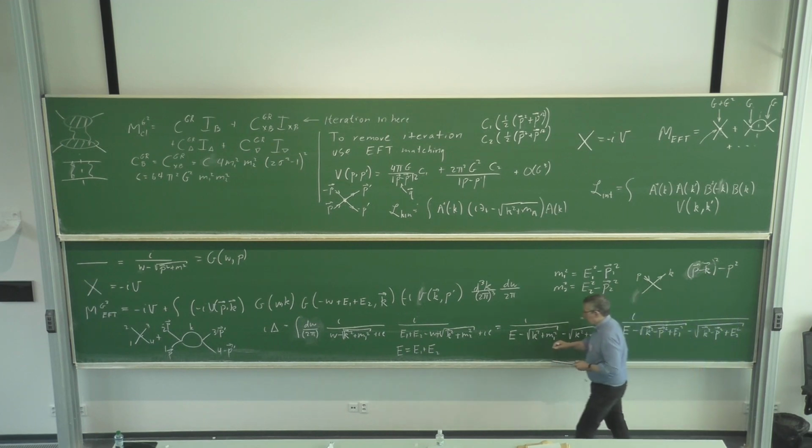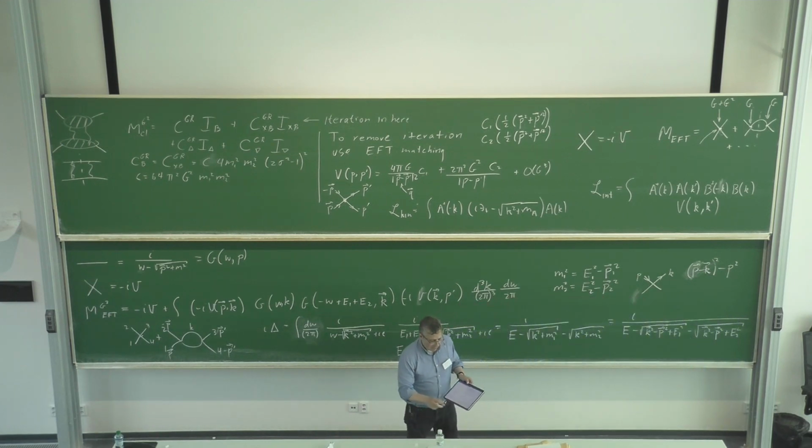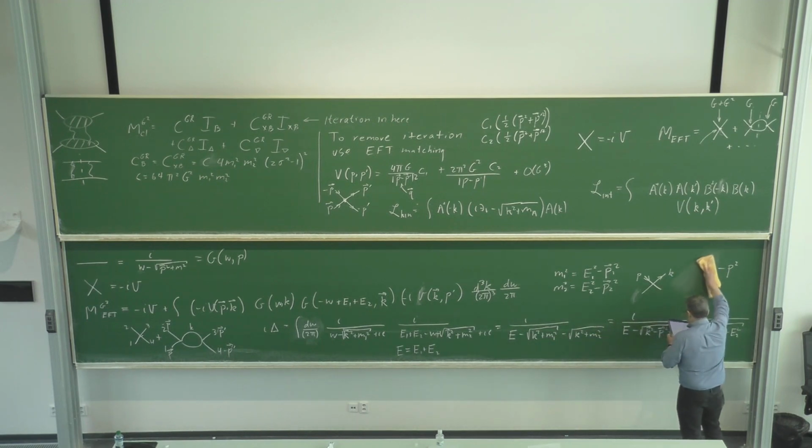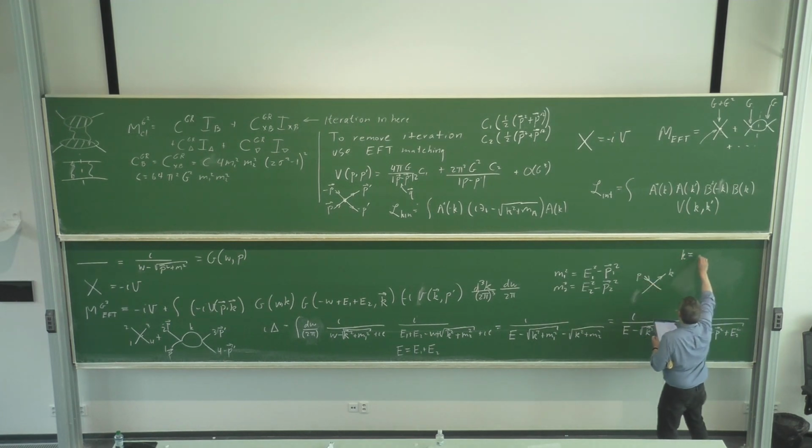Sorry, I wrote this the wrong way. So K is equal to P, and let's say we're looking at it like this. Let's draw it like this.